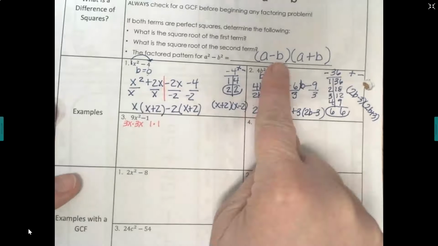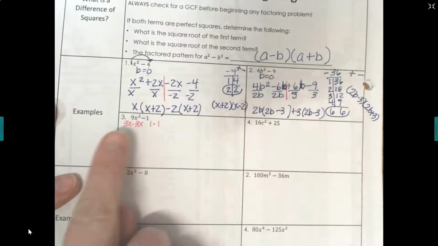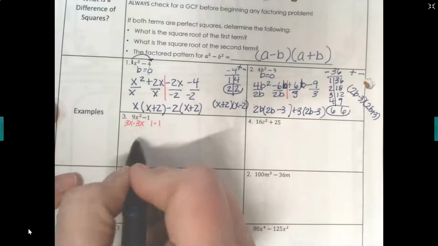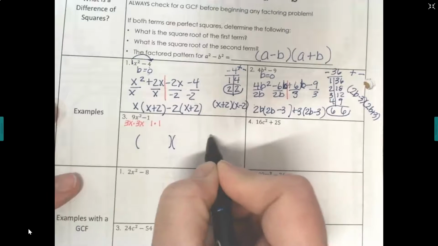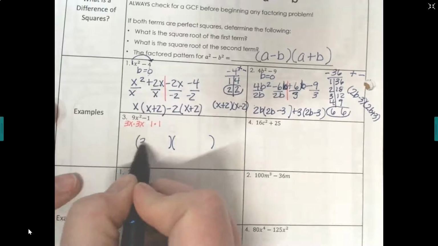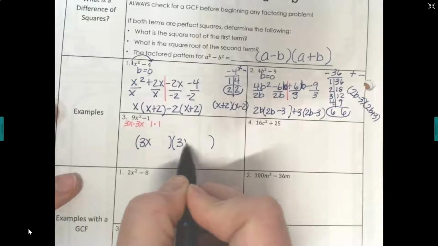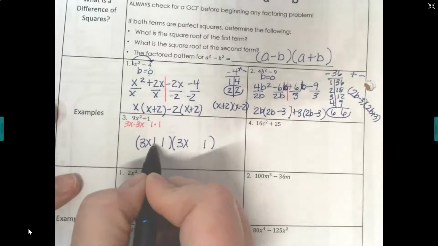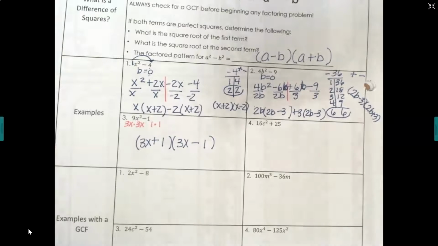So if I follow the pattern, the first term and the second term, one with a plus and one with a minus. From here, I can write my two parentheses. I'm going to put a 3x in each of these and a 1 in each of these, and I'm going to make one of them positive and one of them negative. And that can be our final answer. This only works for a difference of squares.